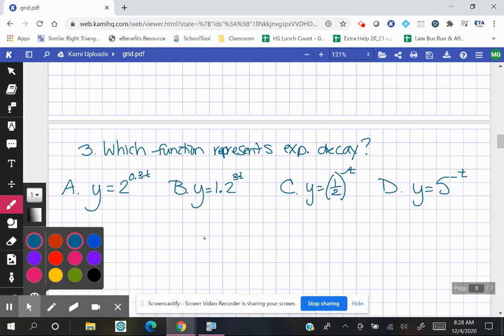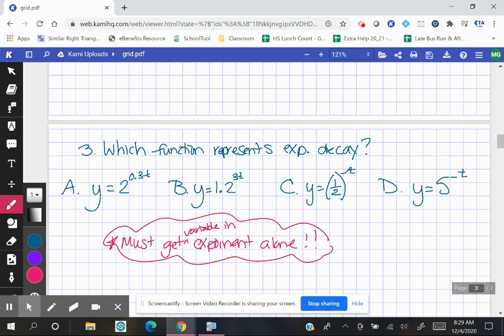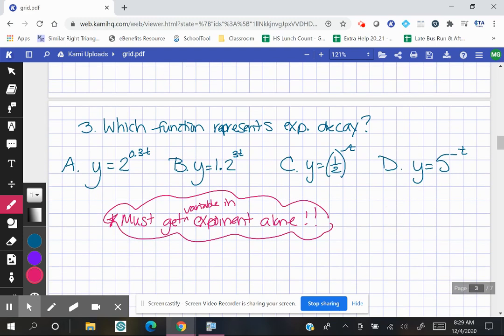So the thing that you really need to remember here is you must get the variable and the exponent alone. Before we can decide if it's decay or growth, I need to do that.